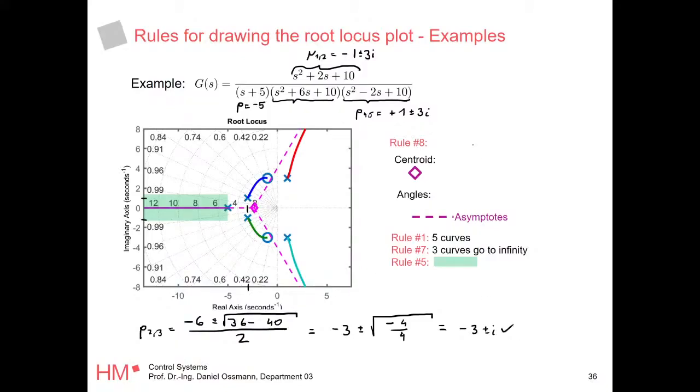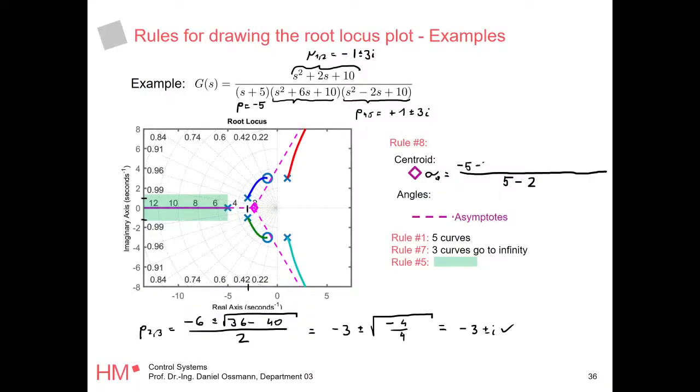So now we've got everything to compute the centroid, right? Here I need a little bit more space, because this is huge. Okay. Let's start with the denominator. We've got 5 poles and 2 zeros, so it's a 3 in the denominator. Now let's add up the poles. The poles are minus 5.